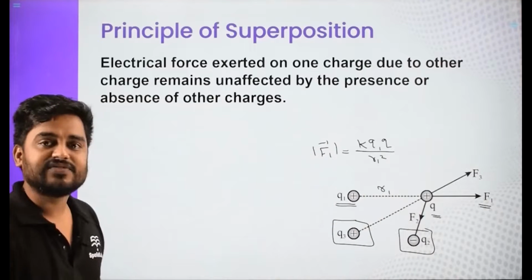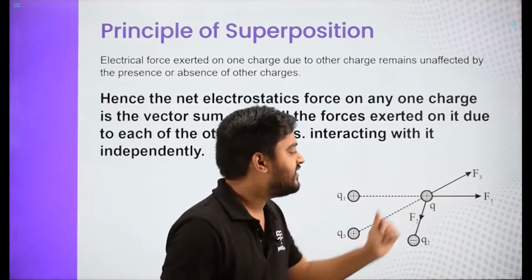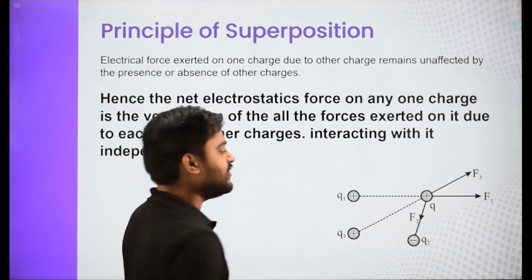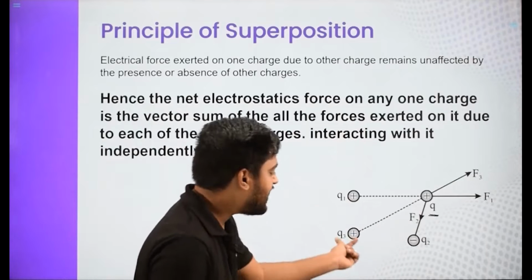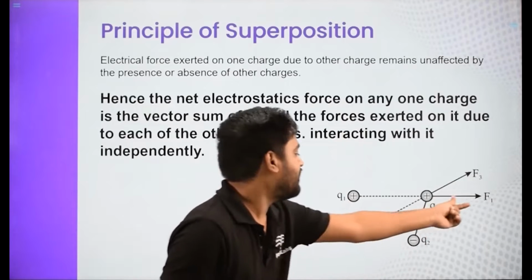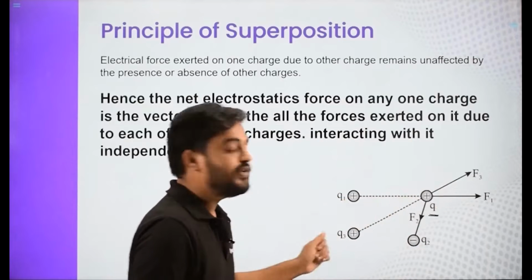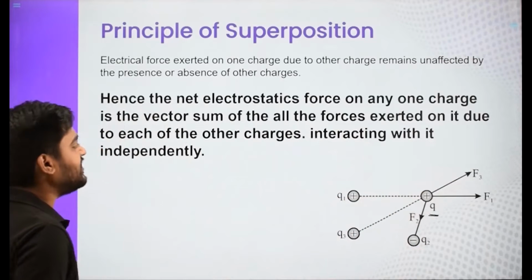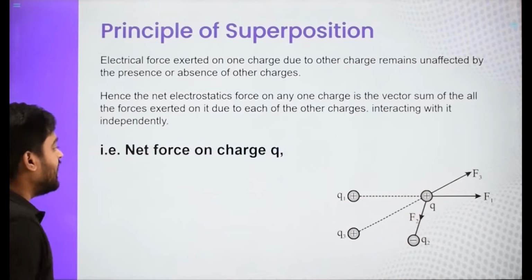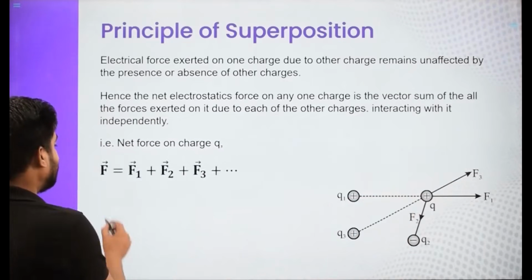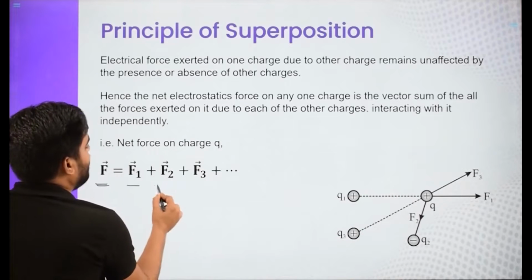How can we utilize this fact? If I want to get the net force on this small q, then I can find all the forces due to the other charges individually on it, which is F1 due to Q1, F2 due to Q2, and F3 due to Q3, and I can do the vector addition of all of them. The net force on small q is the vector addition of 1, 2 and 3.